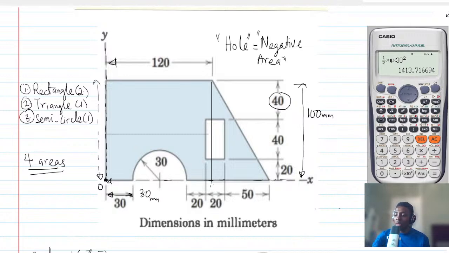So now, knowing that that distance is 120, the only thing that we have to do is 120, and then we will have to find that h over 3.